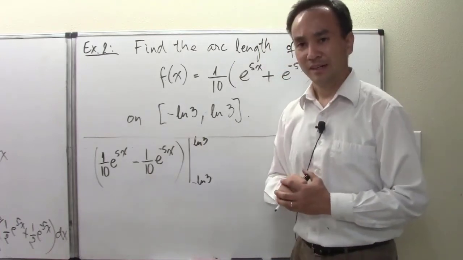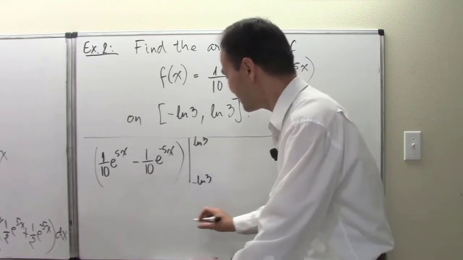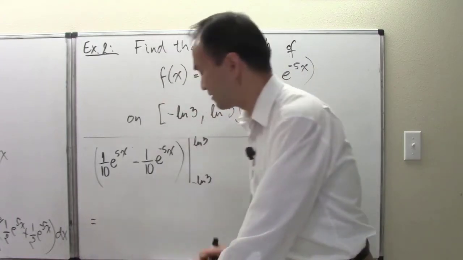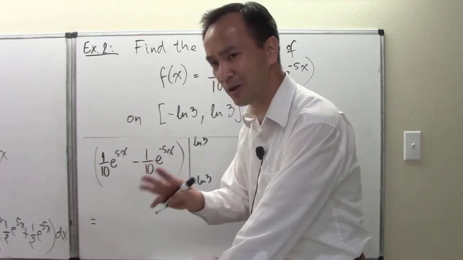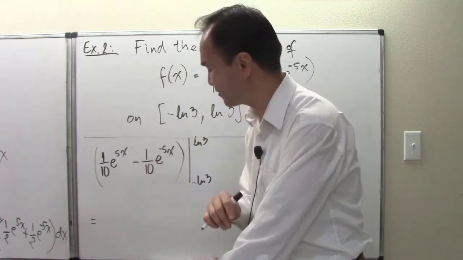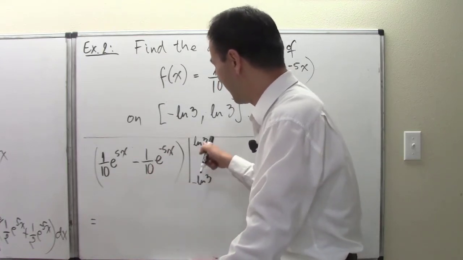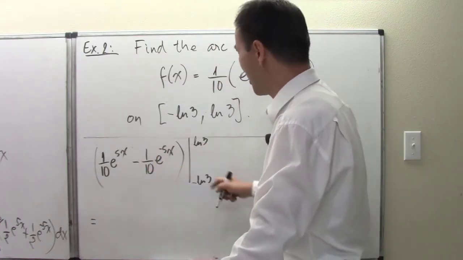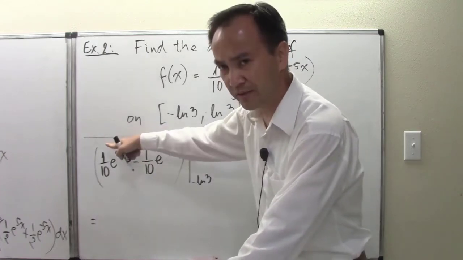Okay, and so that means now we are quite ready for that. So in the next step, for a problem like this, I don't even think I need to step out for a calculation at my computer station. Let's look at how nice it turns out right here. So now, according to the fundamental theorem of calculus, I am going to substitute natural log of 3 into the antiderivative first.